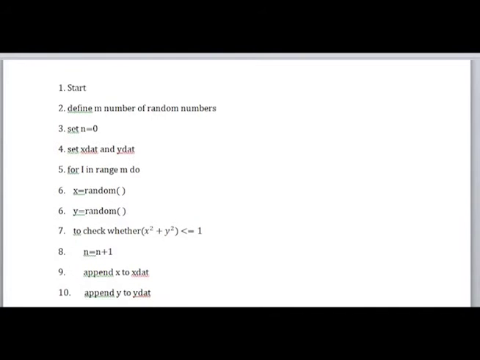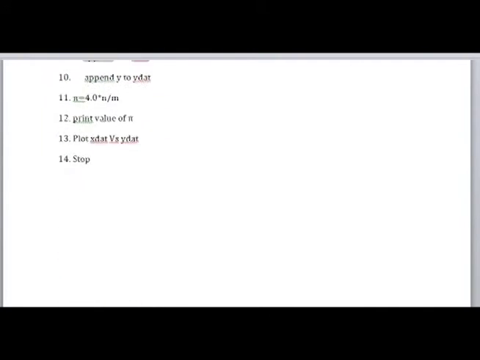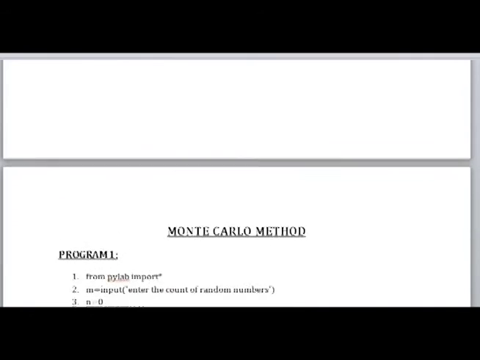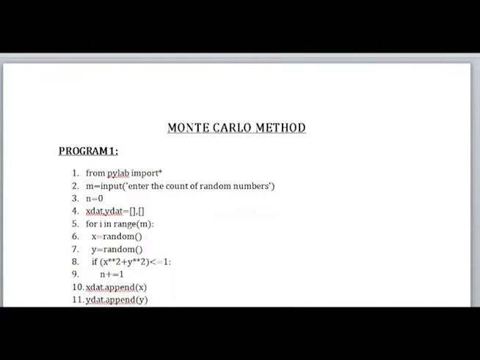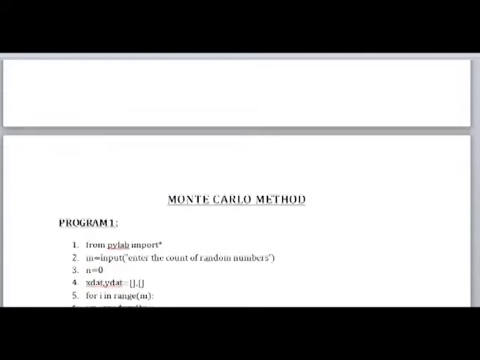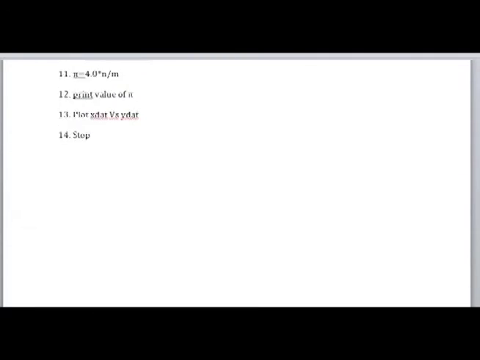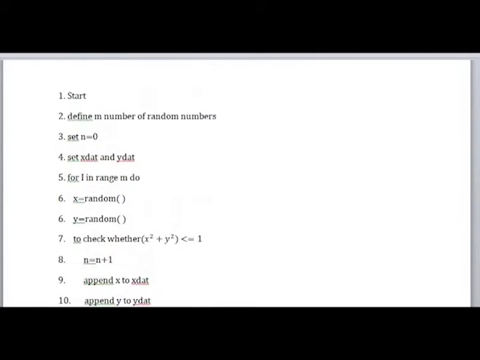May I just have a look at the program. n is the count of the random numbers generated, that is the number of throws.